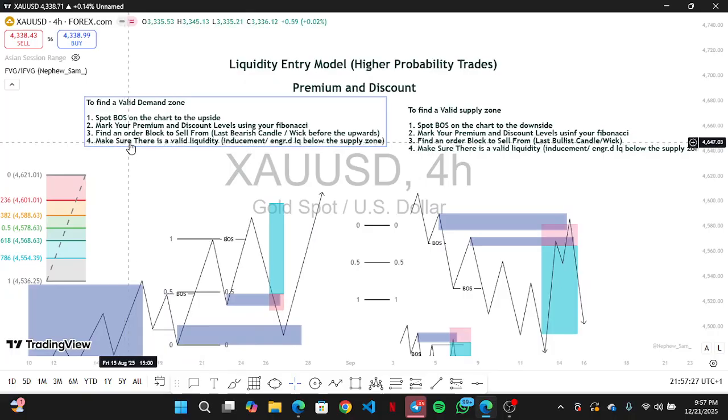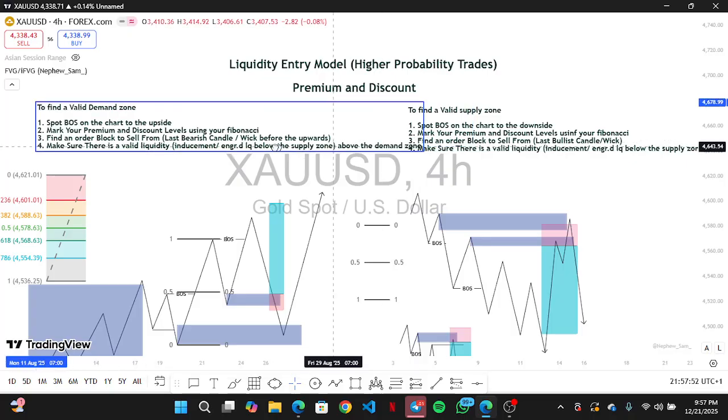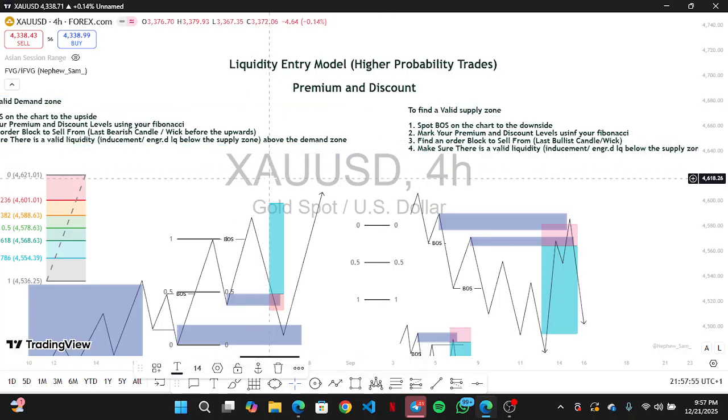Then make sure there is a valid liquidity level above the demand zone. Let me take that out a bit. Above the demand zone.